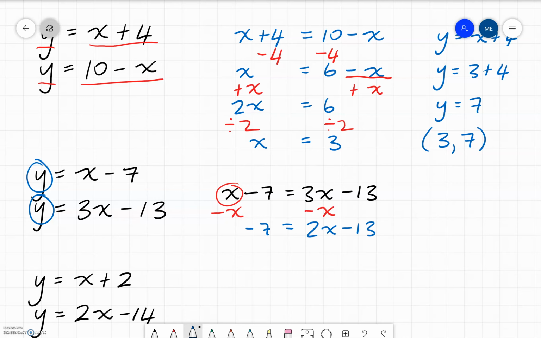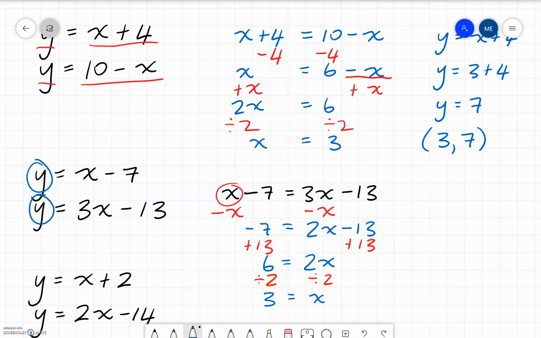And the next thing I'm going to do is add 13 to both sides, to get rid of this 13. So that gives me 6 equals 2x. When I divide both sides by 2 to get x on its own, that leaves me with x equaling 3.